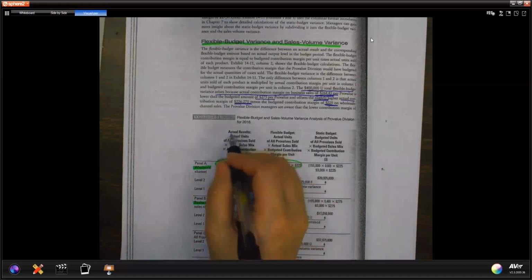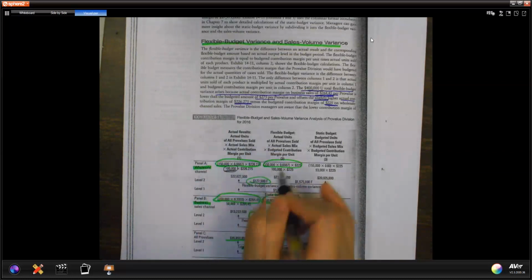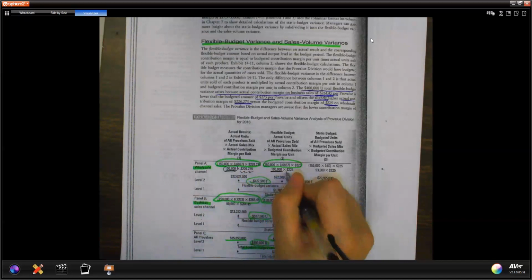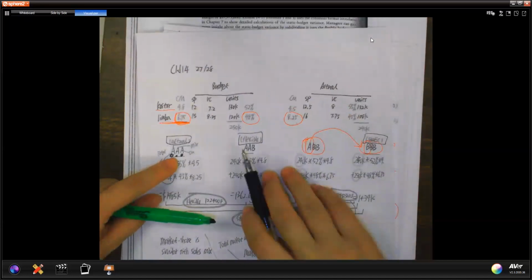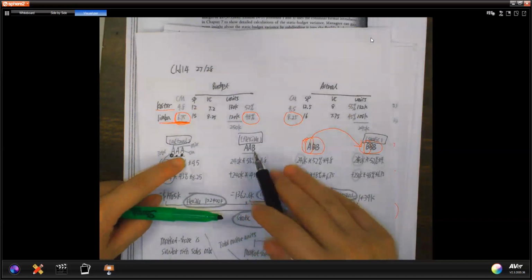So our first department, your actual units sold, I'm not talking about the total, the first department sold 100,000, right? And then for your flexible budget, we use the actual output unit level, 100,000. The only difference is our contribution margin, right? So you can also say this is the difference between AAA and AAB. The only difference is our contribution margin.